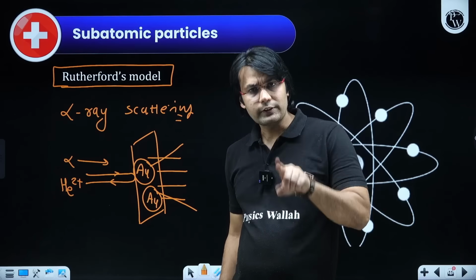Instead of 4 I wrote 3 earlier, let me correct that. So it will be 0. For angular nodes, the angular node is directly equal to L. For f, L is 3, so the angular nodes will be 3. So for any orbital, you can easily find out the radial node and the angular node.